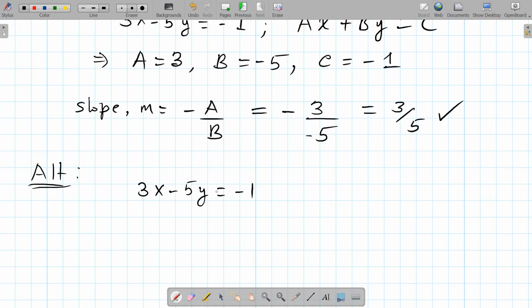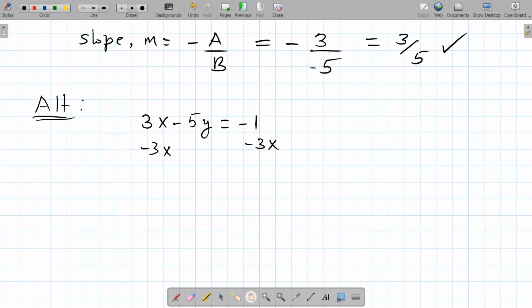Anything that adds to it or subtracts from it has to go away. I have 3x adding to it, so I'm going to subtract 3x from both sides. The 3x will cross out. I'll be left with -5y equal. If I rewrite this, I'm going to bring the x first, so -3x minus 1.